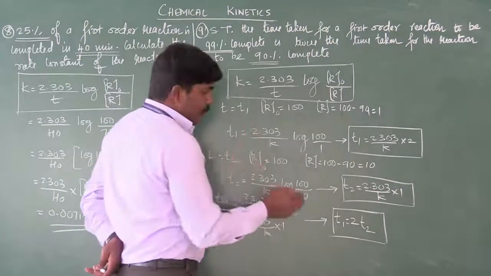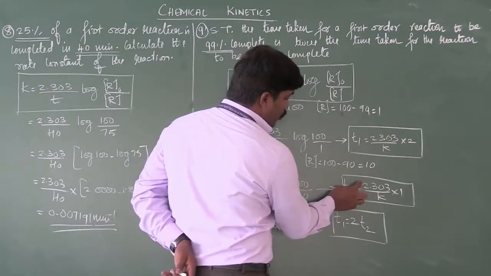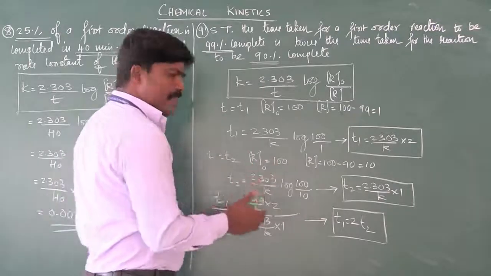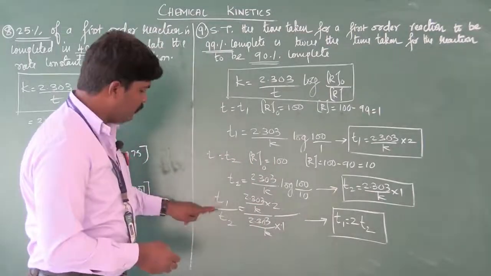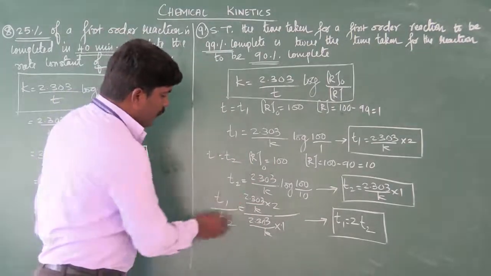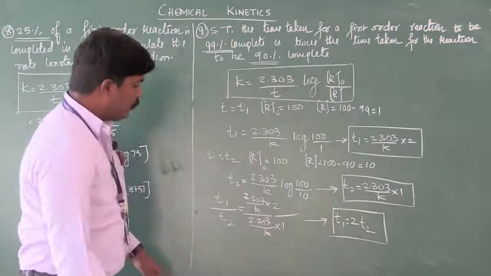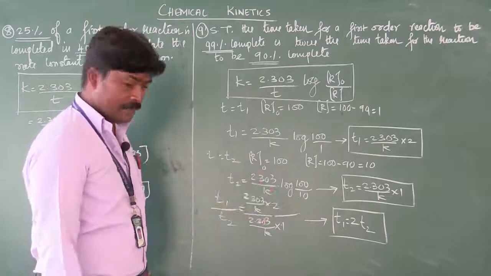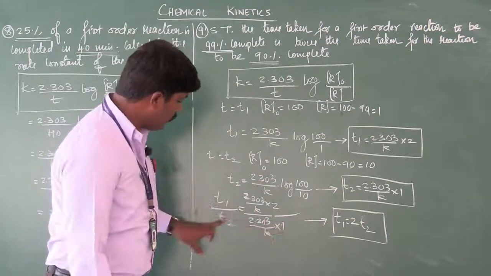Log 10 is 1. Therefore, T2 is equal to 2.303 by K into 1. Let us divide T1 by T2. T1 is 2.303 by K into 2, T2 is 2.303 by K into 1. Now we cross multiply. So T1 into 1, T2 into 2.